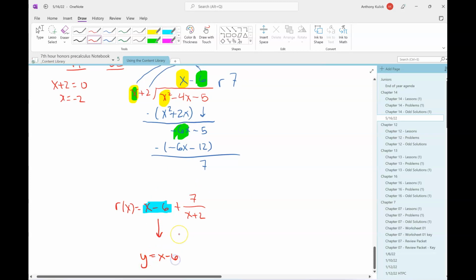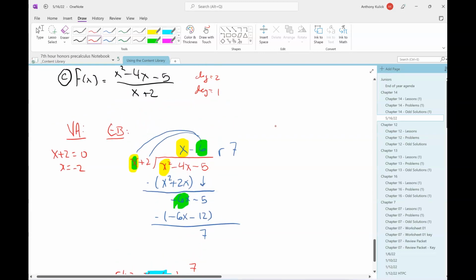That's going to give us our asymptote. So the remainder doesn't tell me any information about asymptotes on the graph. The piece that I care about right now is the quotient. Do you remember that from last year? Yeah, okay, good. For sure.